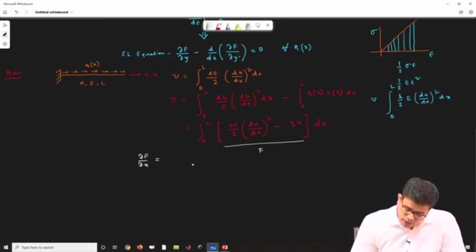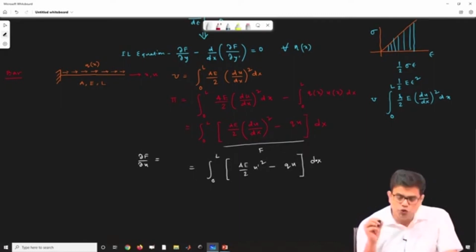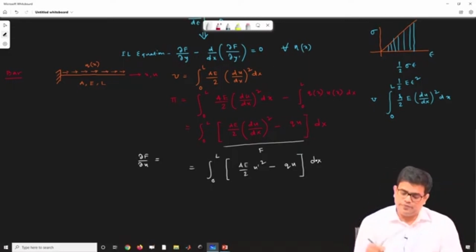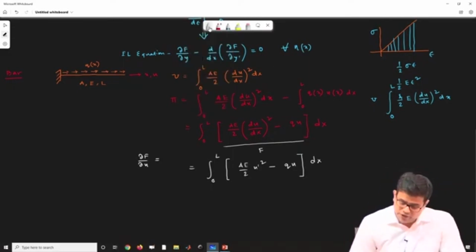For instance, integral 0 to L, this is nothing but AE by 2 u prime square minus q u dx. Now you see, u prime and u both are variables here. So u prime is actually the derivative of u.